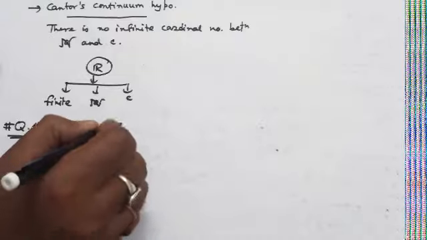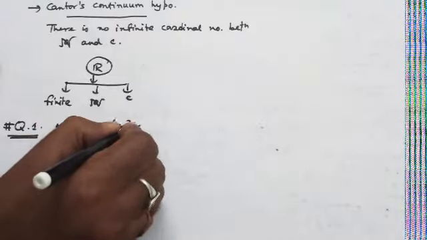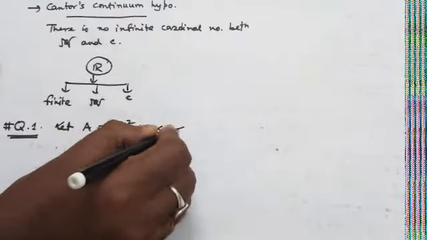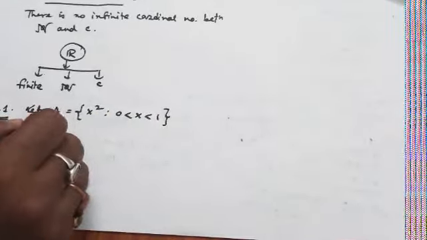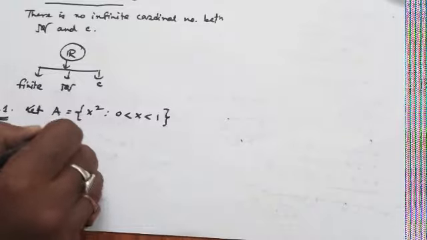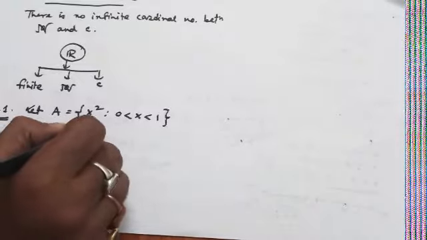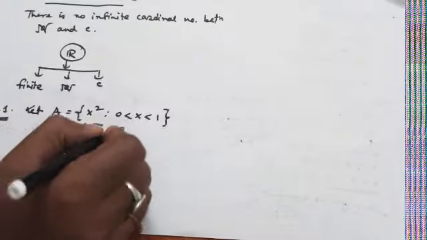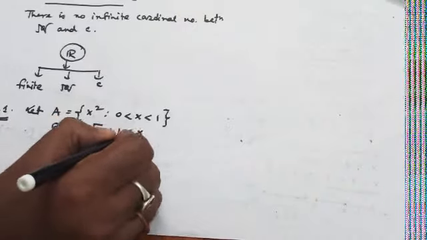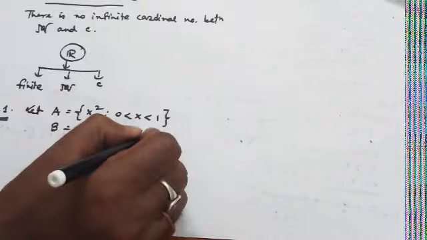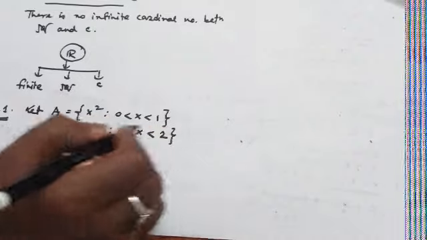Fine. So the first question is: let A equal x squared, where 0 less than x less than 1, and B is going to be square root of x, that is, 1 less than x less than 2.